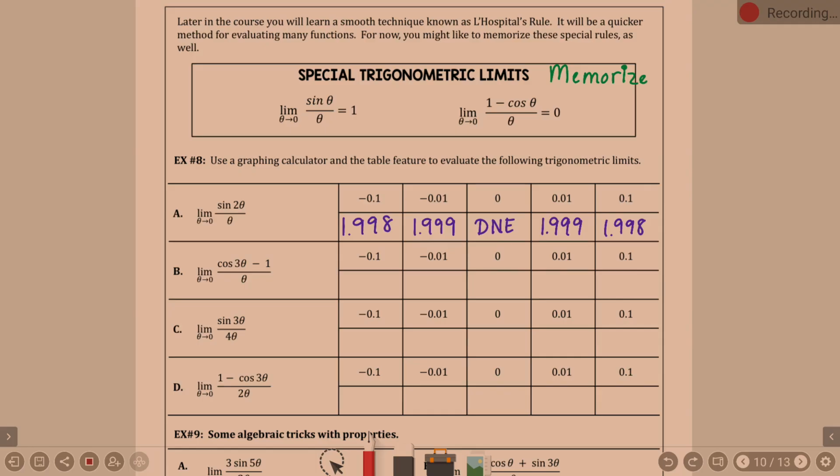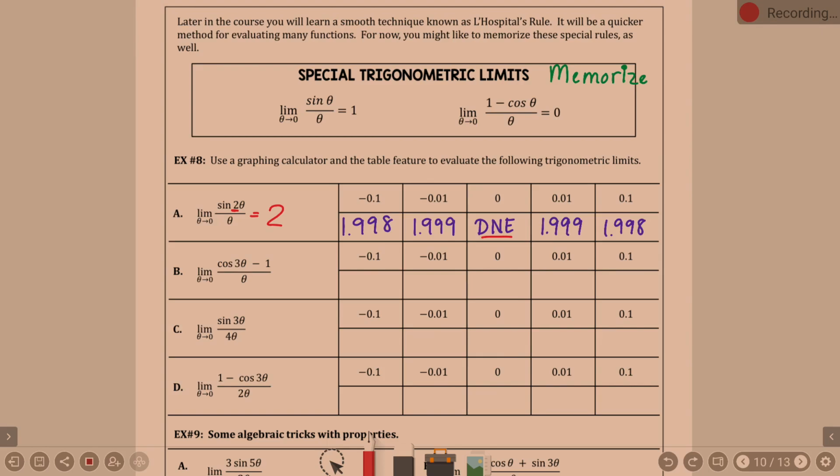The limit as theta approaches 0 of sine of 2 theta over theta. Maybe 2. Yeah. Which kind of makes sense because it's really just 2 theta instead of theta, the special limit thing. The normal rule is 1, but you put a 2 here. The point is it becomes a 2. And that's the connection we're trying to make here.